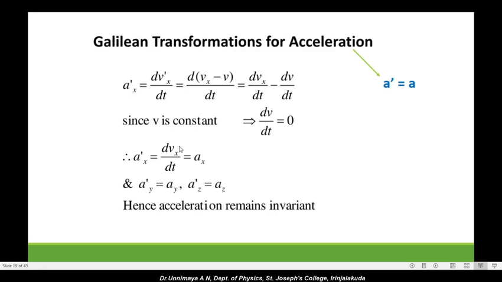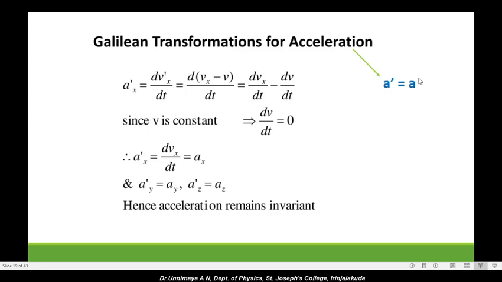What is dVx by dt? dVx by dt can be represented as the acceleration along the x direction in the S frame. So Ax prime is equal to Ax. Similarly, Ay prime is equal to Ay, Az prime is equal to Az. So A prime is equal to A is the general expression for the invariance of acceleration under Galilean transformation.